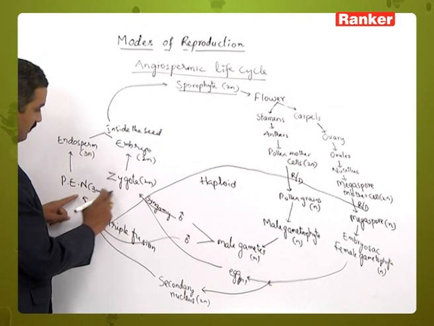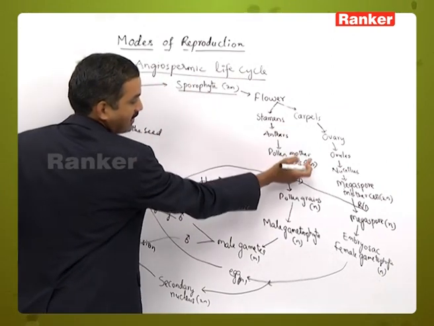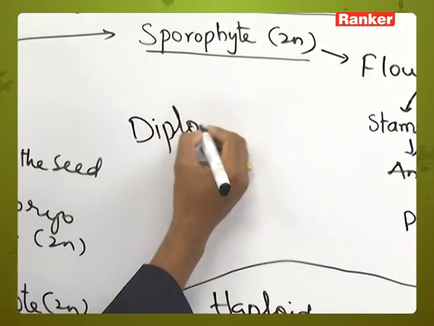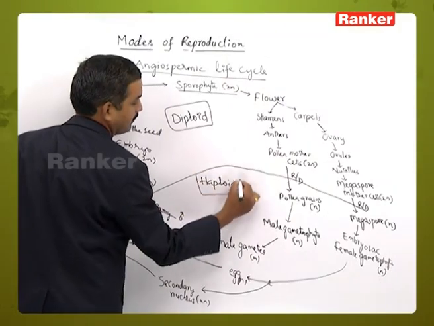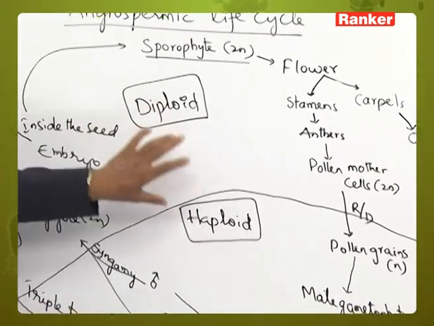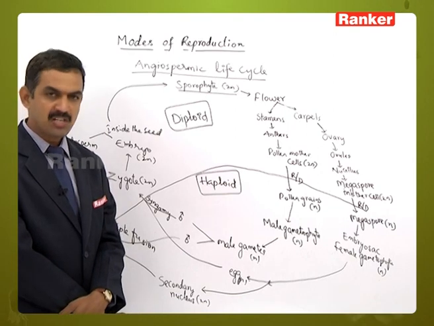Whereas from this stage, zygote and primary endosperm nucleus till the pollen mother cell and the megaspore mother cell, all of them are diploid in condition. So we call this stage as a diploid stage. So two stages are there, diploid structures and also the haploid structures are present.